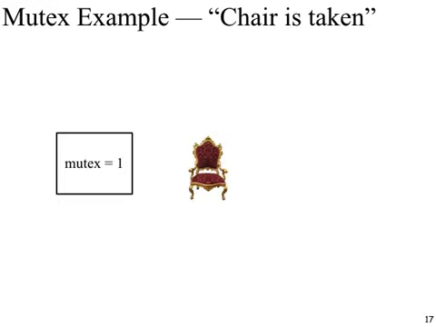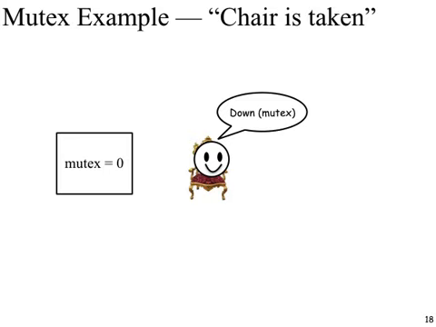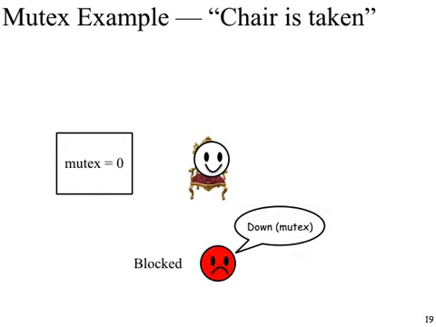Again, going back to the chair example, here mutex is initialized to 1, which means there's only one instance of the shared resource, and the act of acquiring the chair is the critical section. So when the first person comes in, the down mutex operation succeeds, the mutex goes to 0, and the resource is taken.